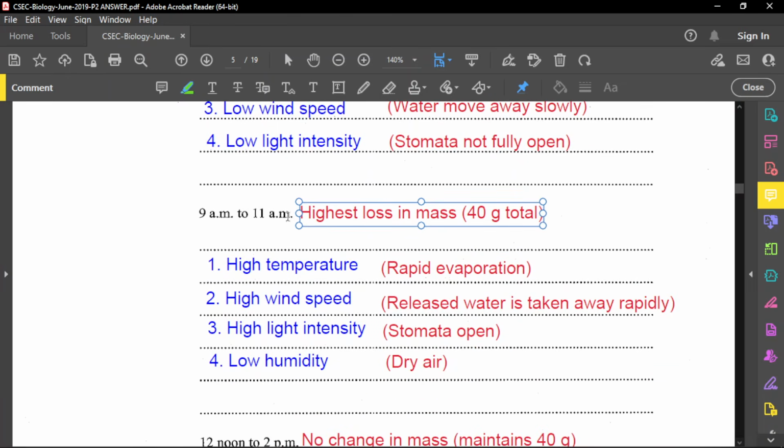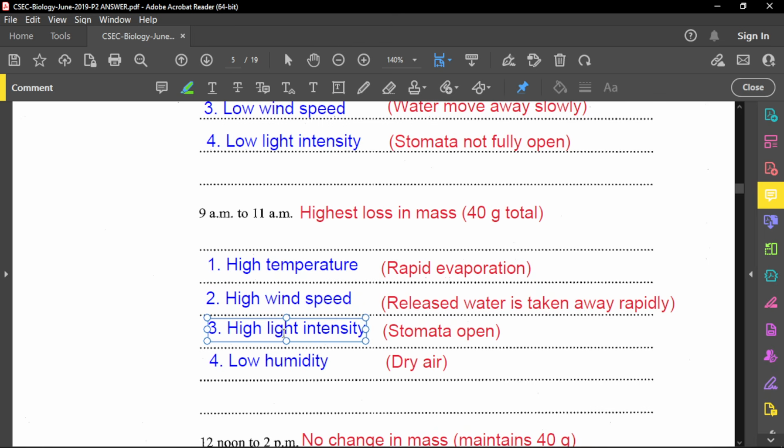Now between 9 and 11, where you have the highest loss in mass, and this again is 40 grams on average between the difference in time. And so if this is the highest change in mass or loss in mass, then it is due to high temperatures, again rapid evaporation, and high wind speed, which means the water coming out of the plant, the evaporated water, will then be taken away rapidly from the plant, and so therefore it will increase the rate of transpiration.